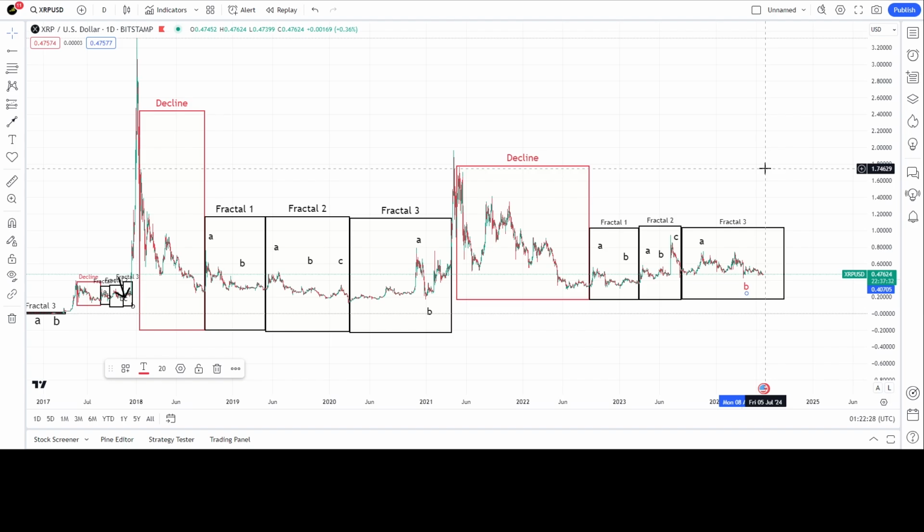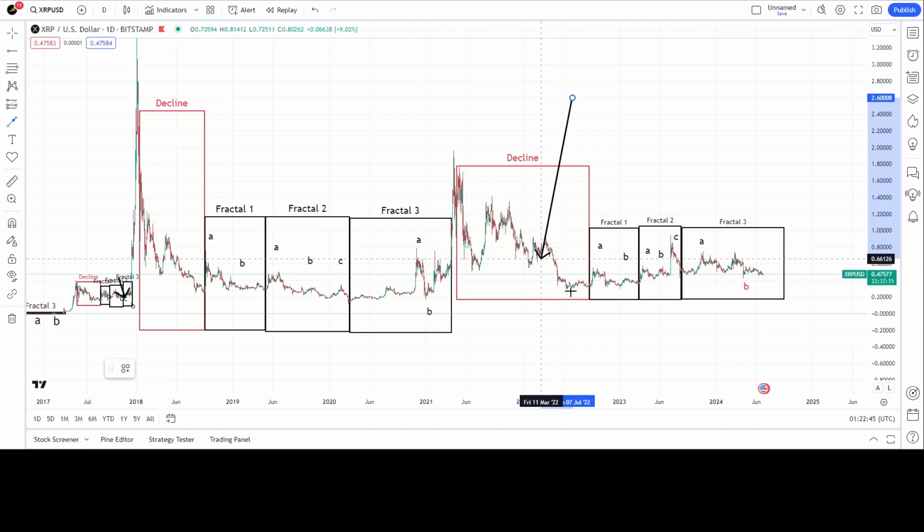That is why I believe that Alessio is most likely wrong in the sense that it's going to have this massive bear market. What he is describing is more akin to a bear market, the decline that comes after the bull run. That is not what we are in at this stage in the chart structure.